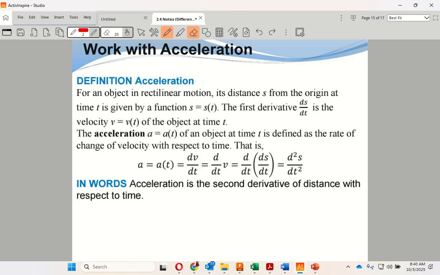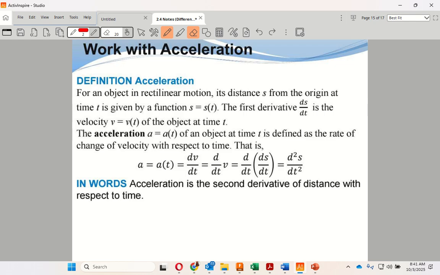I'll put it up. All right, so acceleration. For an object in rectilinear motion, distance s from the origin at time t is given by a function s equals s of t. For the first derivative, ds/dt, that means that I'm doing a change, the d is delta. That's a change.